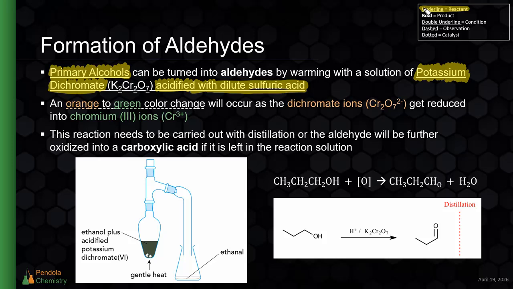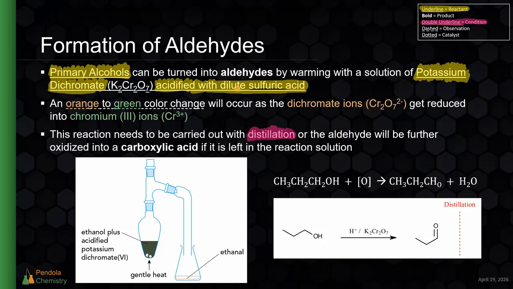This reaction has to happen in distillation. We talked about this already. When we do this reaction, if we're trying to make an aldehyde, and I'm very clear on that, one of the conditions for this reaction is that it needs to be carried out through distillation. Remember that aldehydes can also be oxidized.